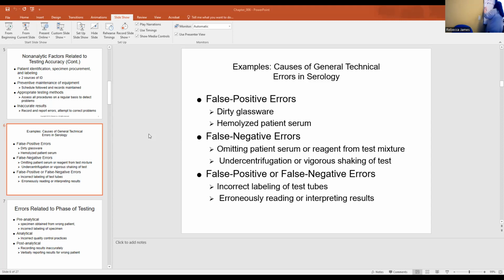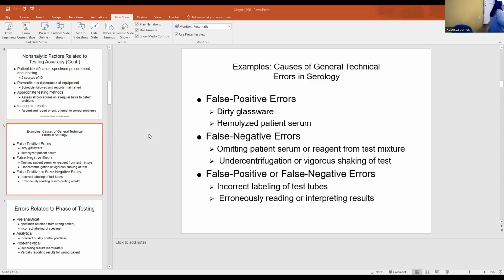Rerun your QC. So you calibrate it, reset your instrument, rerun your QC, and it's out again. And you're like, I reran it, I reset my instrument, what do I do?